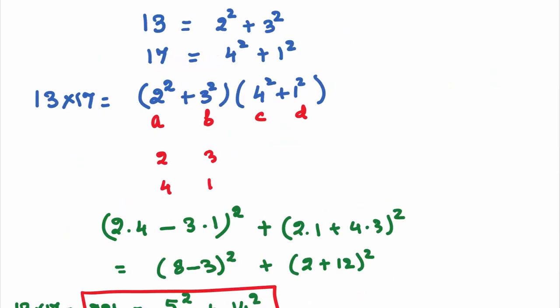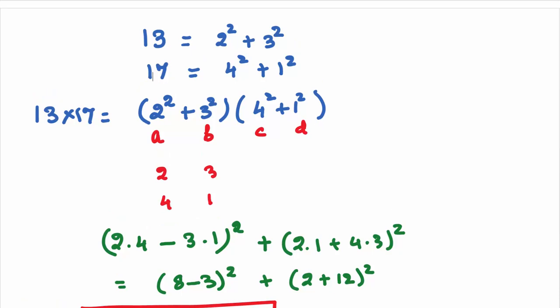Now, 13 into 17 is nothing but (2² + 3²) into (4² + 1²). Here, a is nothing but 2, b is nothing but 3, c is nothing but 4, and d is nothing but 1. I'll write it as a matrix 2, 3, 4, 1.